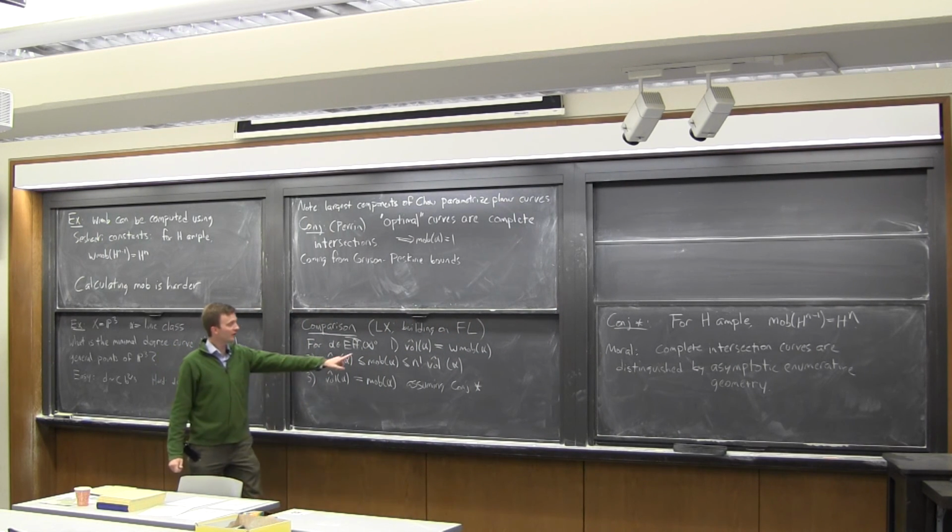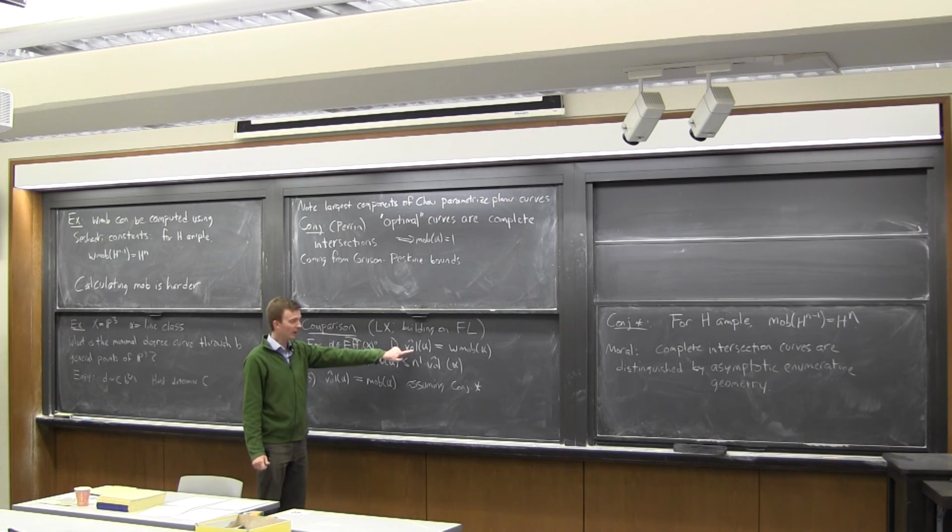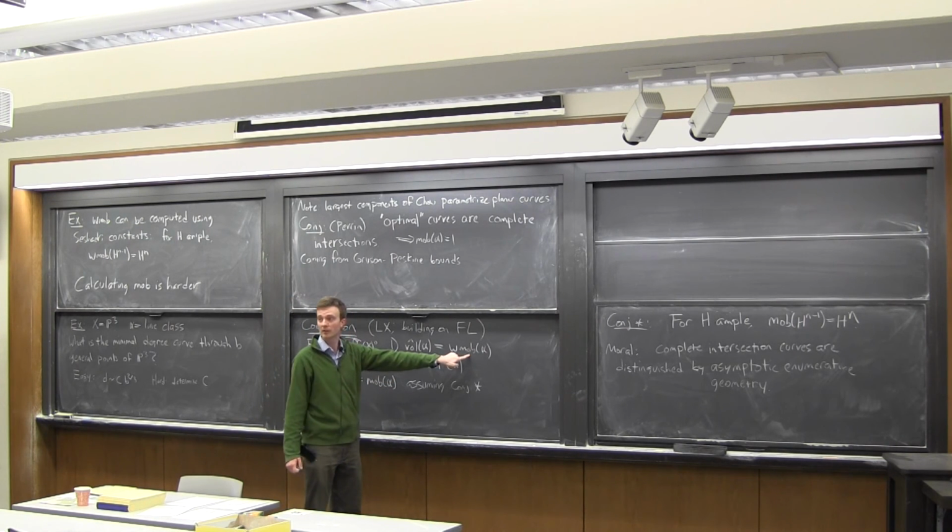So let's remember how this function behaves. If you take an arbitrary curve class, this function is determined by some sort of projection to a big enough divisor raised to the n minus first power. Okay, that says that this is also the same for this function.